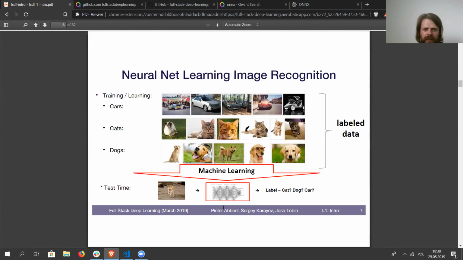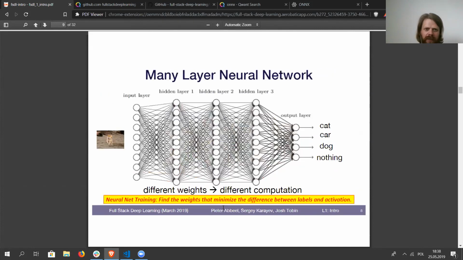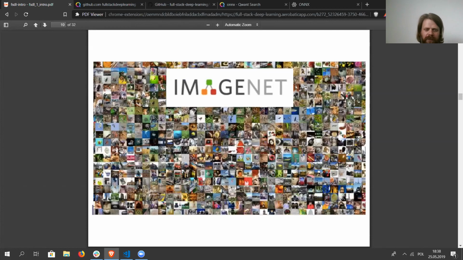Image recognition through neural nets is now the default way of recognizing images, whereas before it was a different way, like OpenCV stuff. The deep networks have many layers. Of course, ImageNet is a good resource with millions of images.